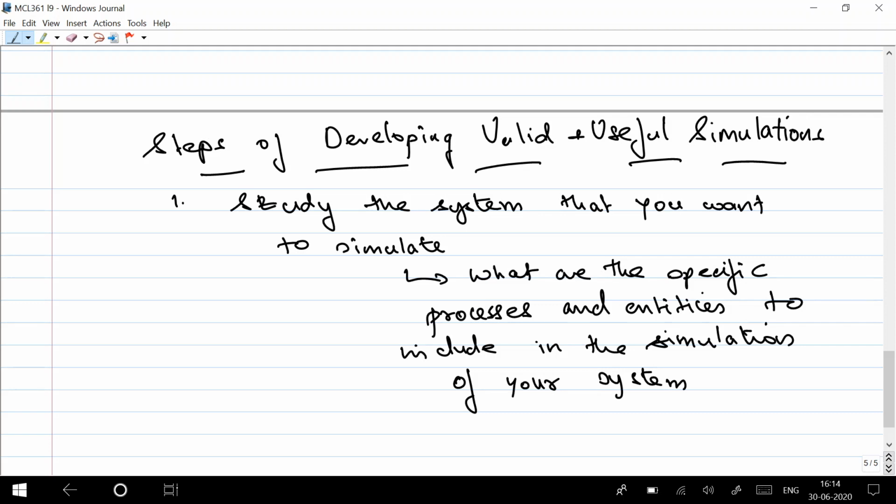So you may not want to create a simulation of every single entity in the system, right? Instead you have to decide what the key types of entities are that you want to include and then just put them in.